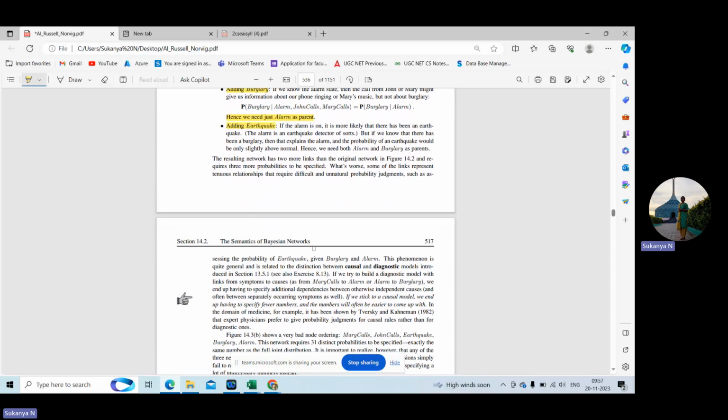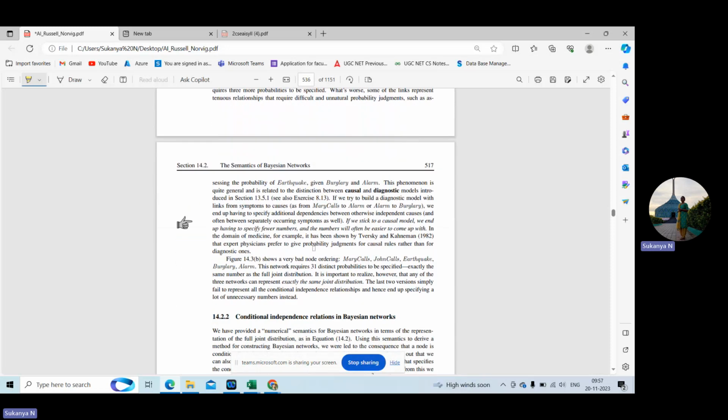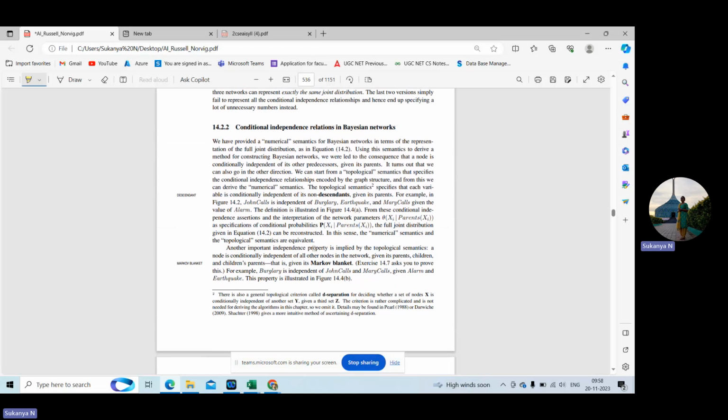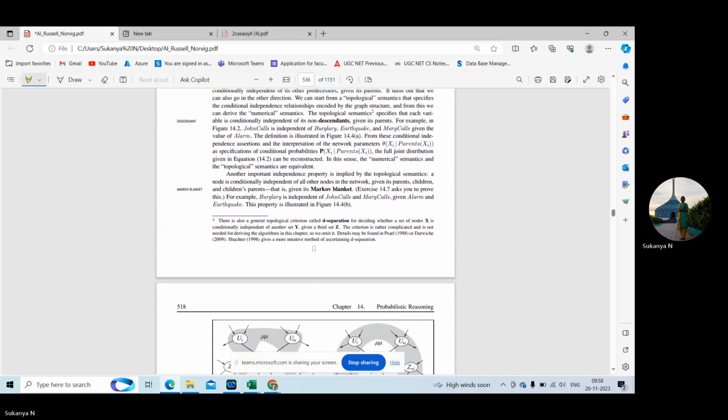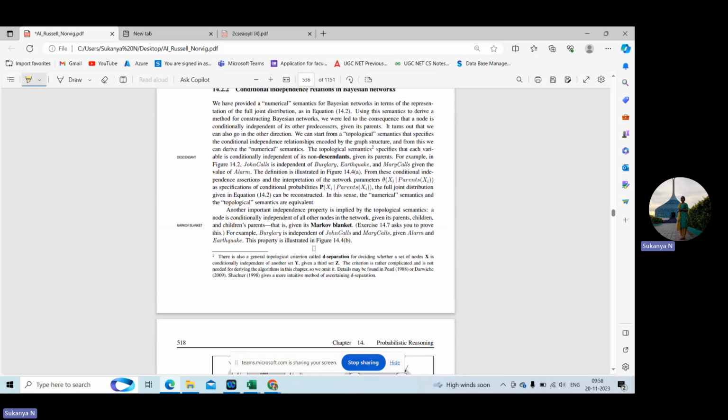Okay. So next we have conditional independence relations in a Bayesian network. In this, a node is conditionally independent of its non-descendants given its parents. For example, John calls is independent of burglary and earthquake, given the parent alarm.